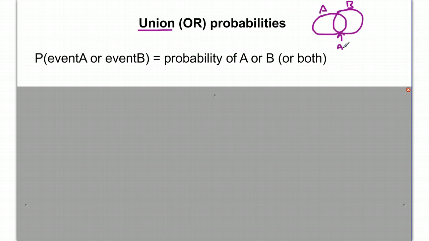So A and B. Now, when we did the A and B before, it only included this part where they both intersected. But when we do OR, it includes the only A, the only B, and the middle region, the overlap. So don't think it's just one or the other. It does include the overlap.